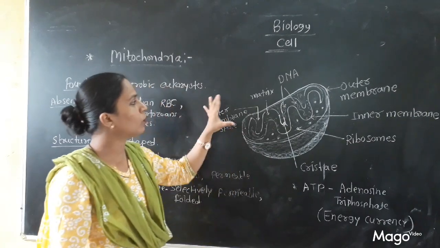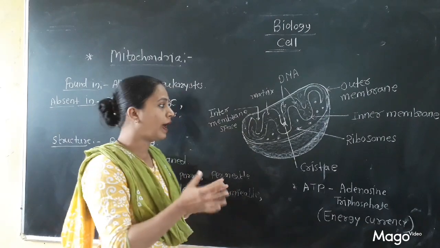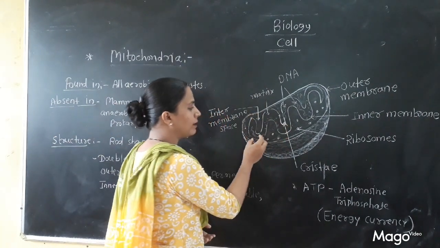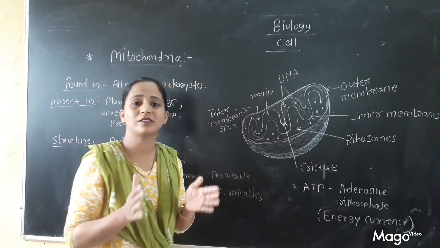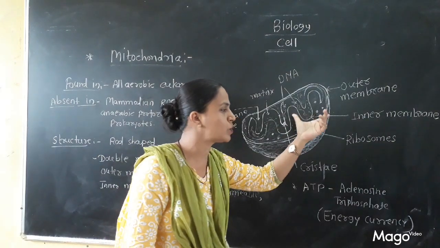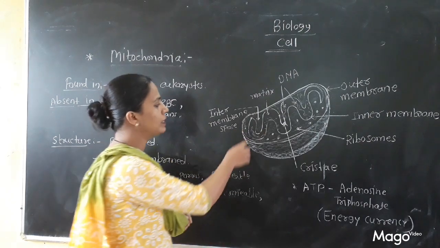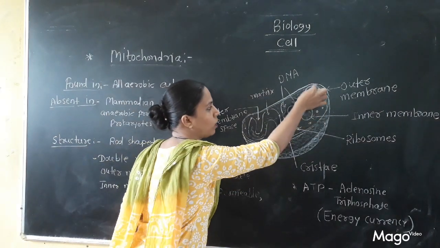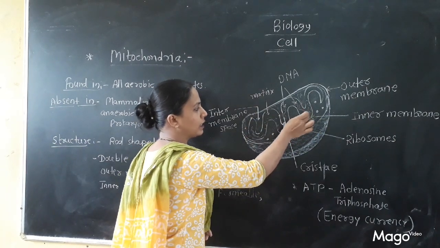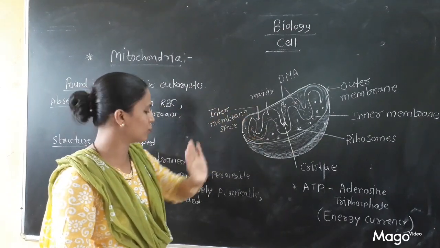Because in the mitochondria many biochemical activities take place, and for these activities the mitochondria require a large surface area. This folded structure provides a larger surface area so that all these biochemical activities are done easily. That's why the inner membrane is folded, and these folds are called cristae. The matrix is present inside the cristae, and DNA and ribosomes are also present in that internal structure.